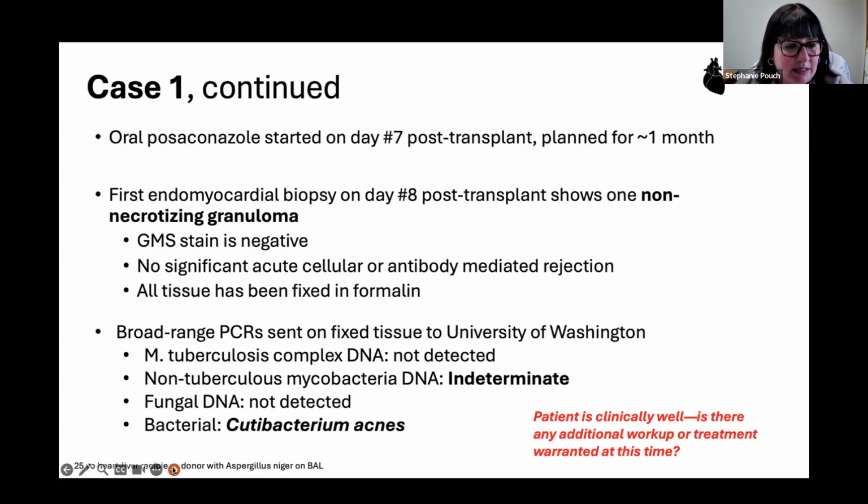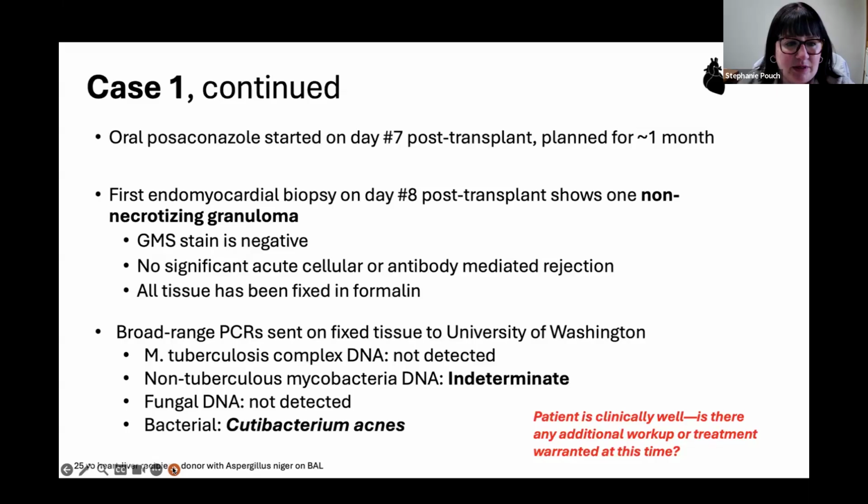The identification of Cutibacterium acnes on bacterial evaluation, I don't know that I'd put much stock into that. I wonder whether that may be a contaminant. And it's hard to know what to do with the non-tuberculous mycobacterial DNA being indeterminate. I don't know whether this reflects something that's really true and ongoing, or whether this could be a falsely indeterminate result.